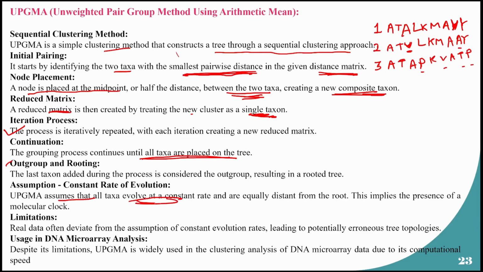That means the distance from each particular sequence to the midpoint will be the same in both of these cases. You'll see in the next slide how it looks. So yeah, that can often cause the data to deviate from the real one, because there is the assumption of constant evolutionary rates occurring here.